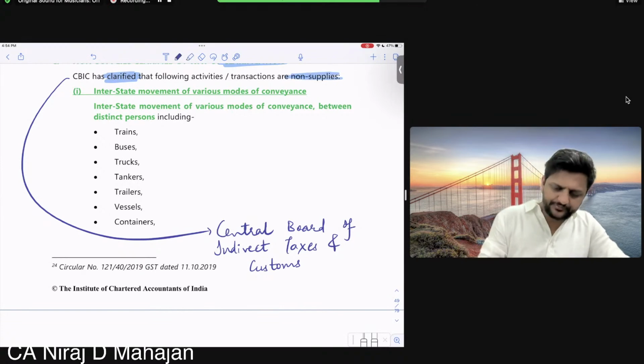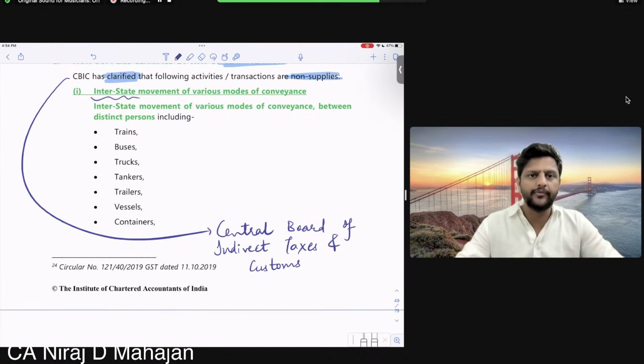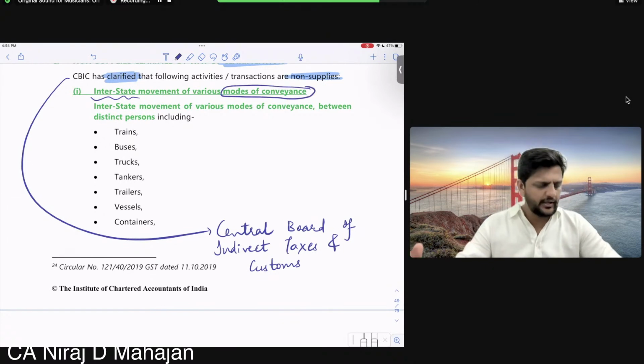Interstate movement of various modes of conveyance. What is conveyance? Transport, journey. Clear?